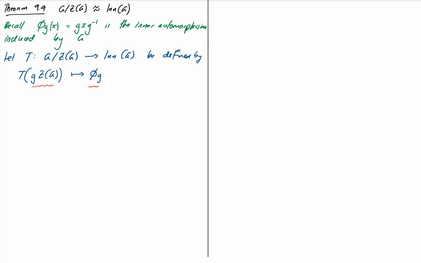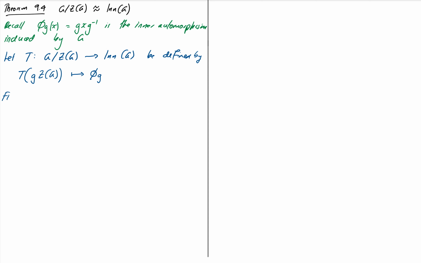We did it with D4, for example, and we discovered that phi r90 was the same as phi r270. So we have some different possible representatives of each inner automorphism as well, and it better be true that no matter which representative we take, of the coset of the center or the inner automorphism, we get the same one no matter what. Okay, so that's the first thing we have to do.